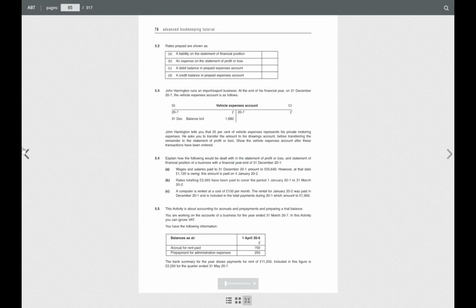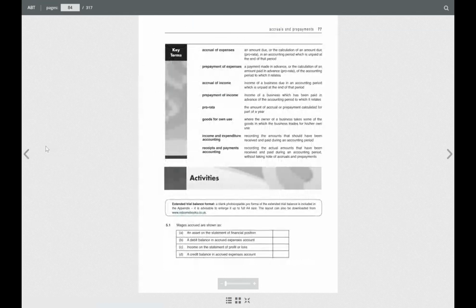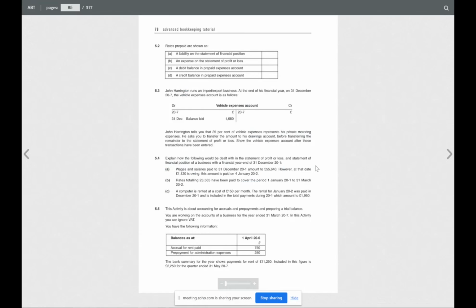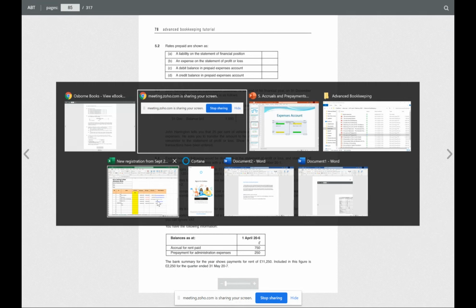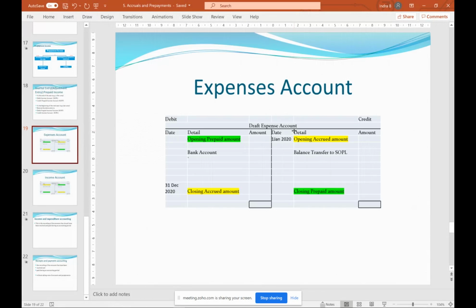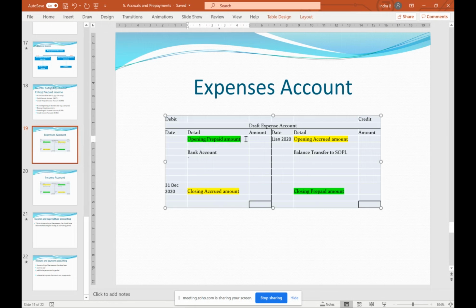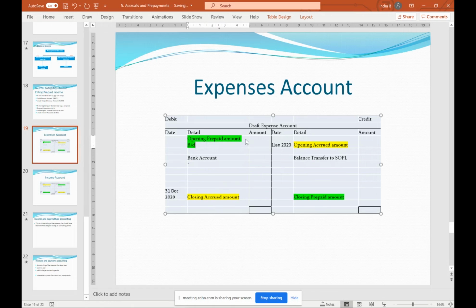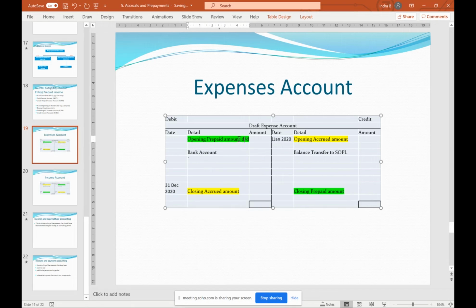So if we see our table, the balance brought down, opening balance on the debit side, it shows the opening prepaid amount. So if it is opening balance, obviously this will be shown as BD. As I said, some people do the adjustment at the end only, they do not do it in the beginning, but it means the same.